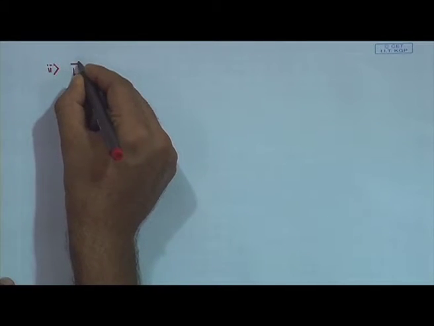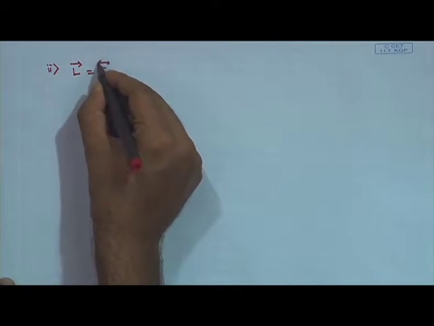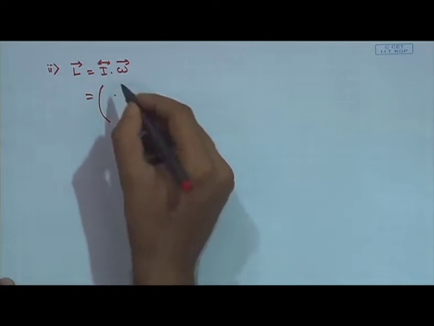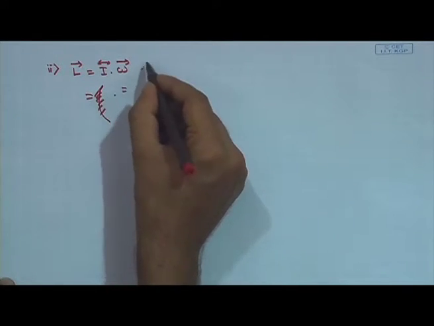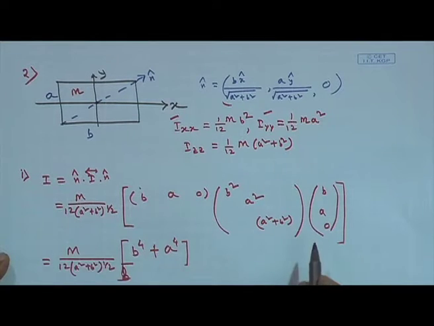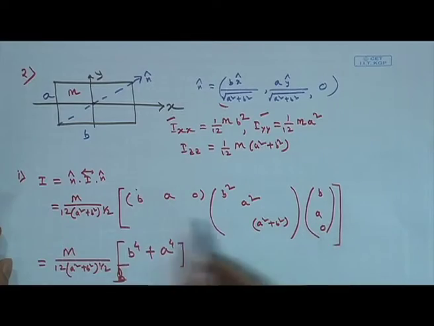Now the answer to part 2 is where we have to find L. And we know that L is equal to the I tensor times omega once again. So once again I is given by this tensor multiplied by the m by 12 prefactor, and omega is given by this vector multiplied by this prefactor.